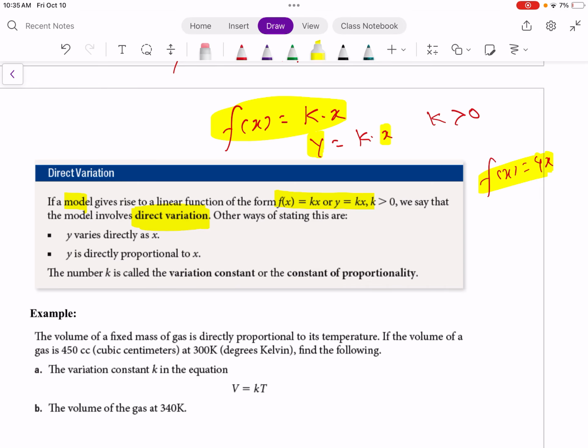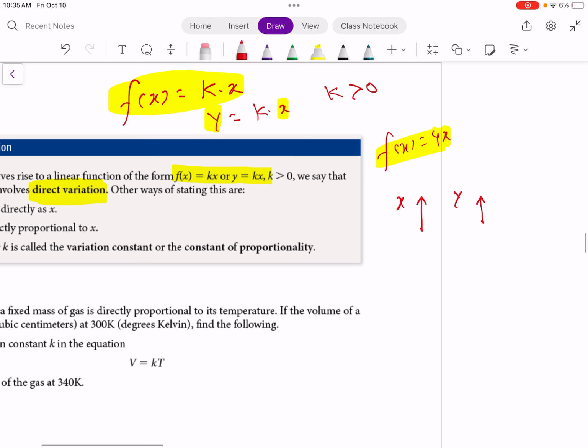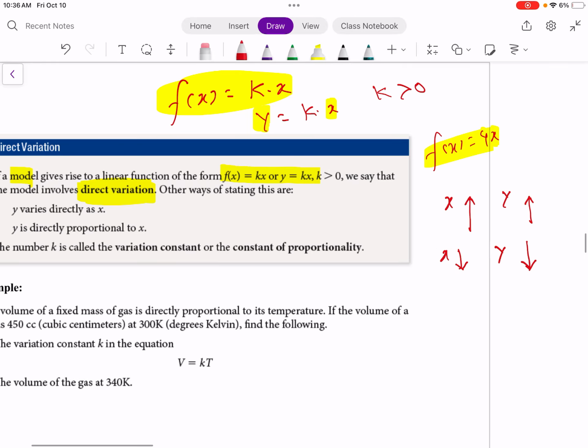What does it mean? It means as the value of x increases, our value of y also increases. As the value of x decreases, our value of y also decreases. So this is the direct variation between x and y. When our input increases, if our output also increases, or when our input decreases, if our output also decreases, we call this a direct variation.